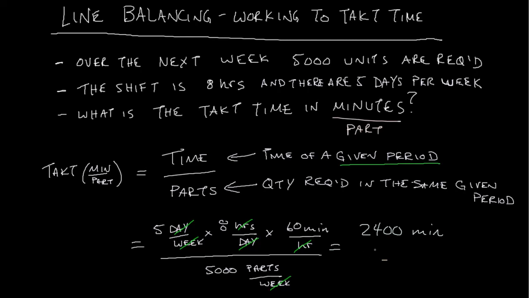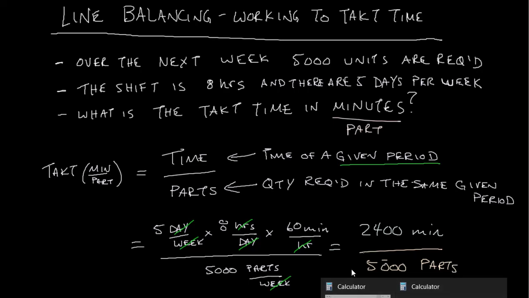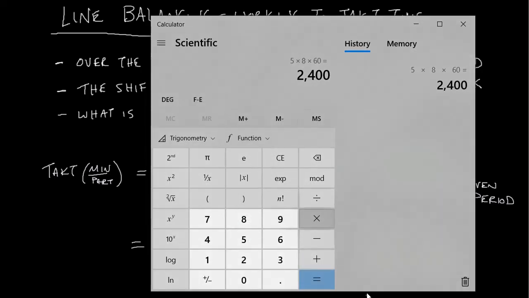And that is over 500 parts. And so if we calculate this, we divide the 2,400 by 500. We're going to get 0.48 minutes per part.